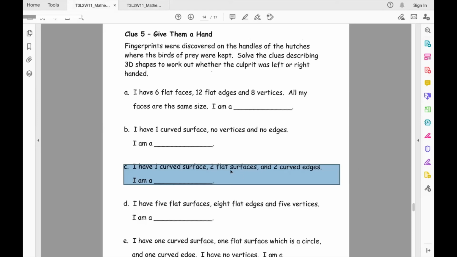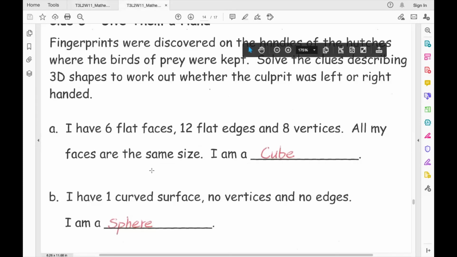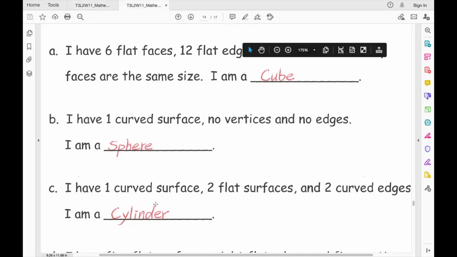Right, let's go through the solution for C. So C is, I am a cylinder.